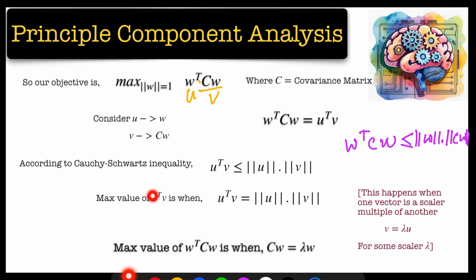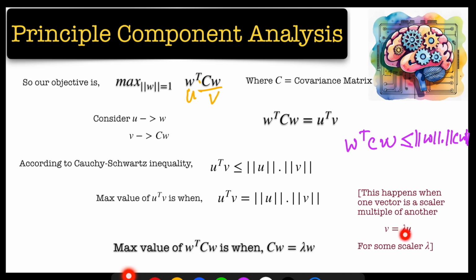Now the max value of U transpose V is when these two are equal, because U transpose V is always less than or equal to this thing. So when these two are equal, that will be the maximum value of U transpose V, right? So max value of U transpose V is when U transpose V equals norm U times norm V. And this happens when one vector is a scalar multiple of another.